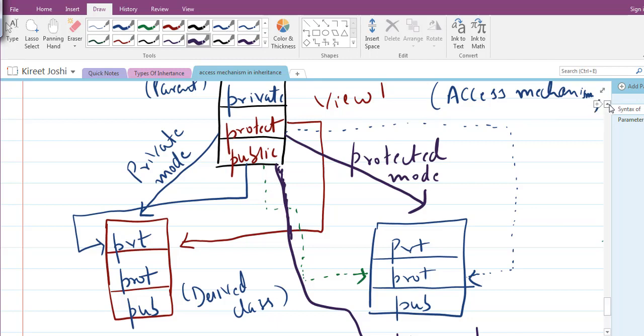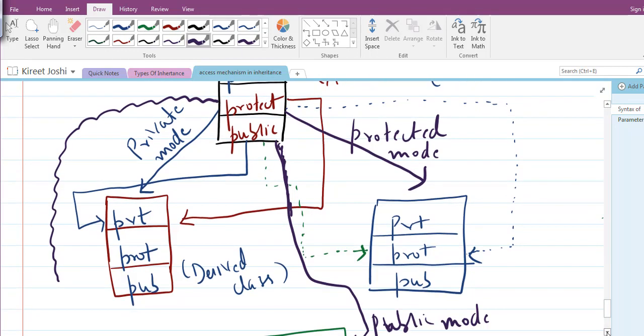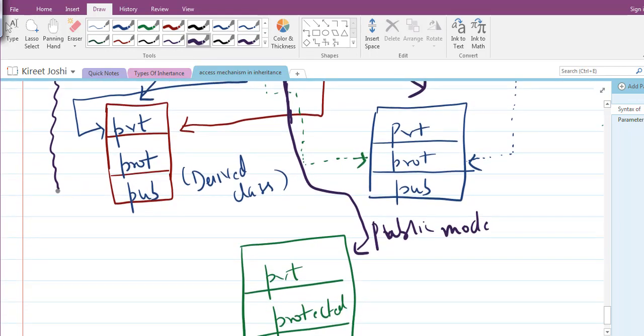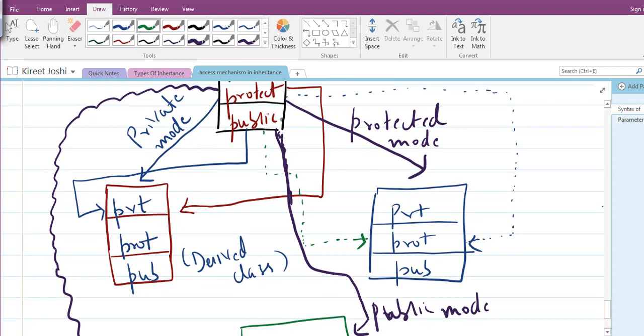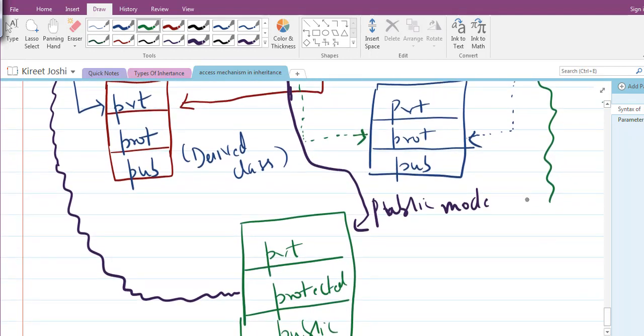The protected members of the base class will become the protected members of the derived class, and the public members of the base class will become the public members of the derived class.